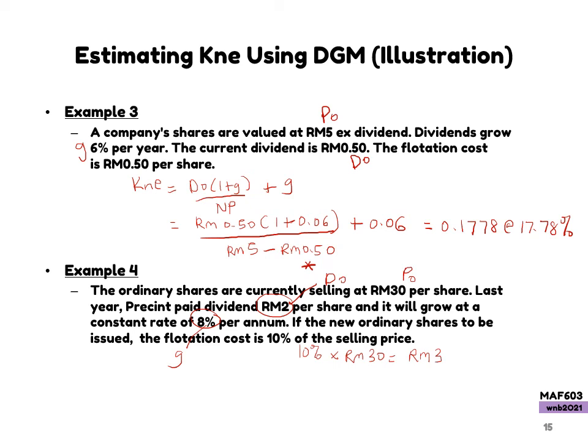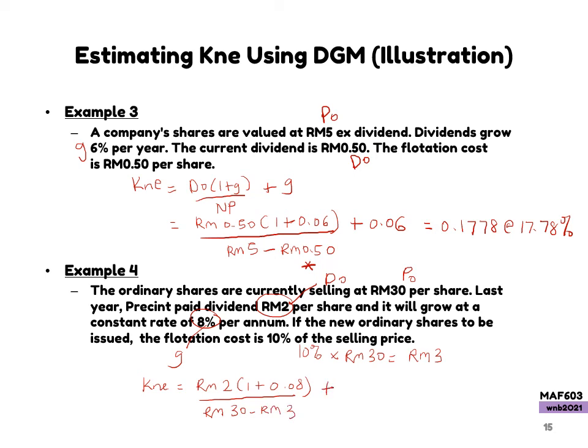Okay, put it in the formula for KNE. D0 I have 2 ringgit. 1 plus G 0.08 over net price. Market price is 30 ringgit minus flotation cost 3 ringgit.